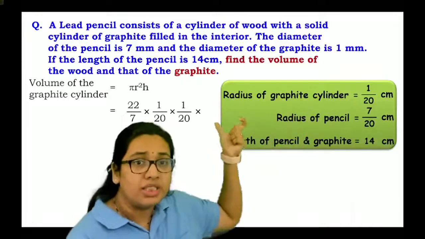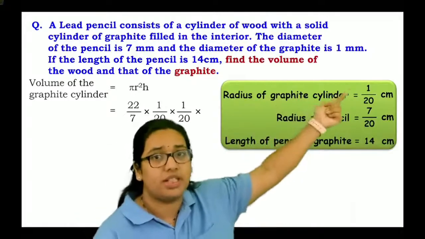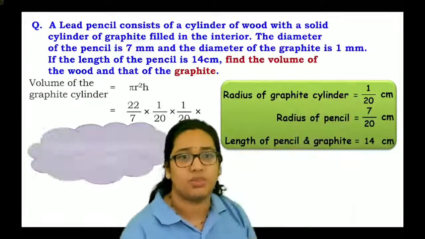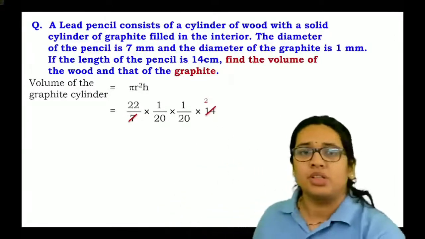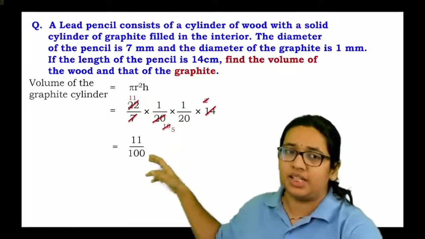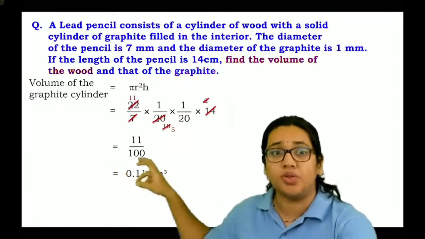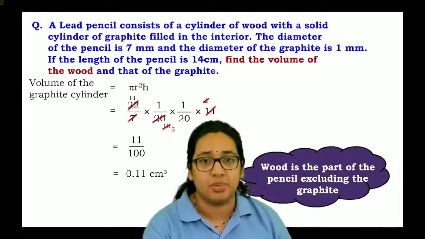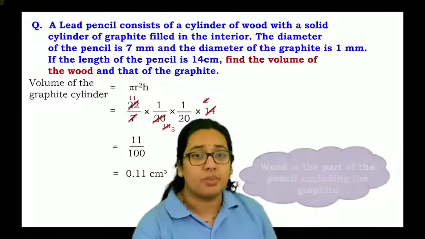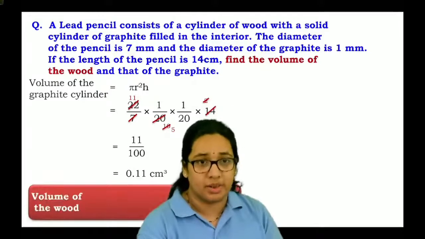The radius of the graphite cylinder is given as 1/10, and the 2s get cancelled, and you will get the volume of the graphite cylinder as 0.1 cubic centimeter. Also, wood is a part of that pencil excluding the graphite, right?